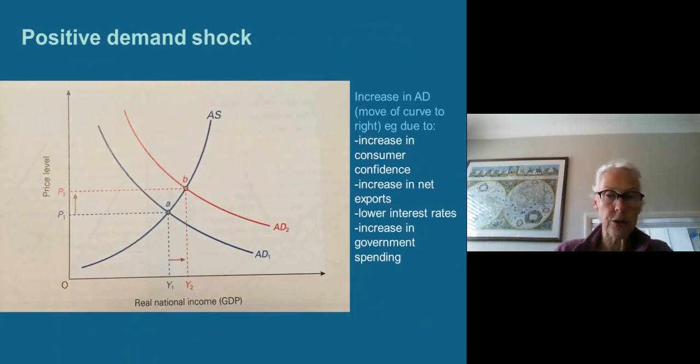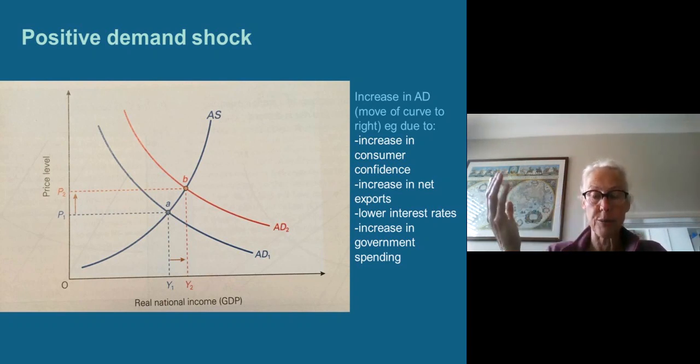And now we're going to look at what's known as a positive demand shock. So here we'd see the aggregate demand curve move to the right, and this could be that there's a sudden shift in consumer confidence. You might see an increase in exports, so that generates more demand.